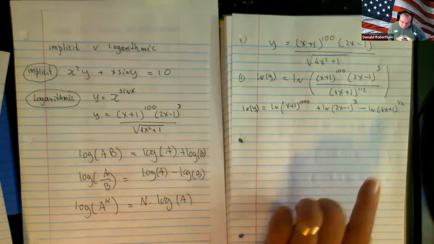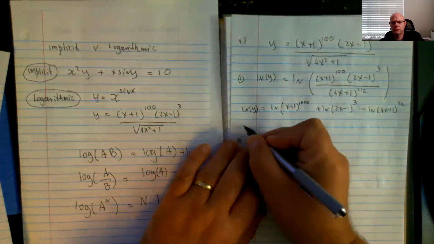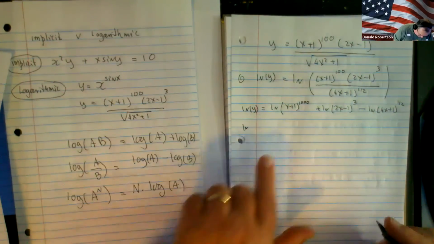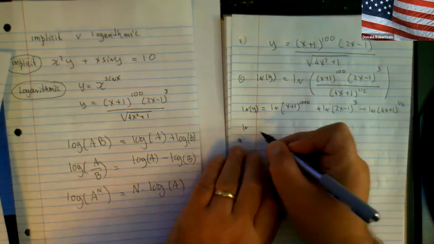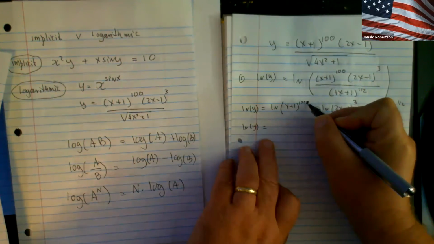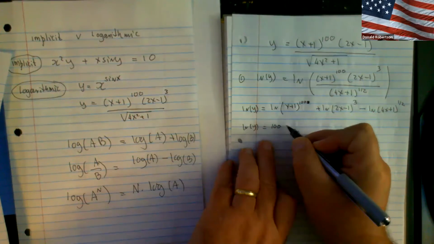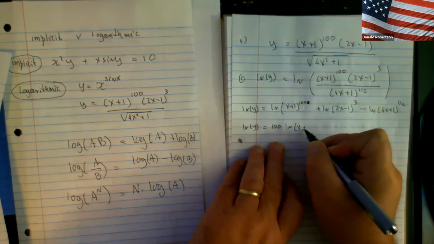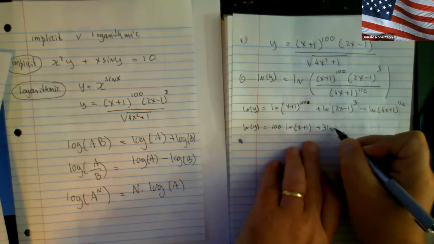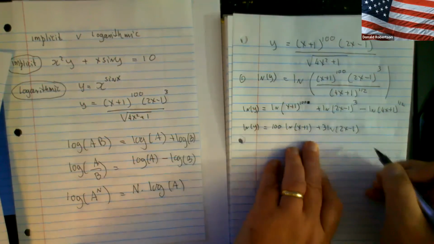Now that's nice, better, but if I then use rule 3, I can turn these into something that's a little bit easier to differentiate. This guy now becomes 100 times the log of x plus 1. This guy becomes 3 times the natural log of 2x minus 1.